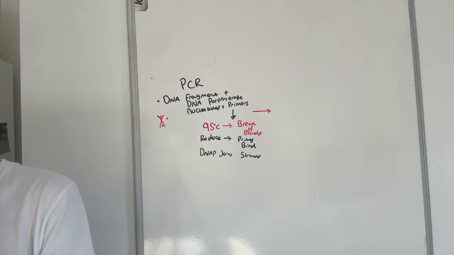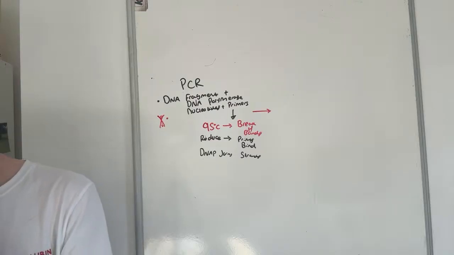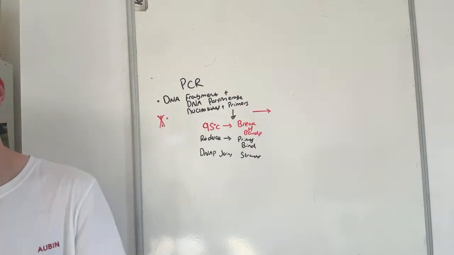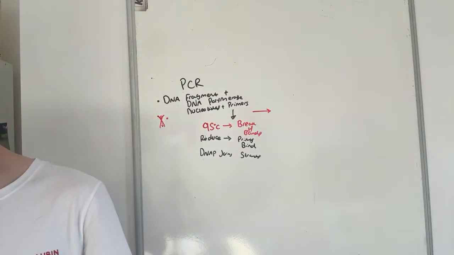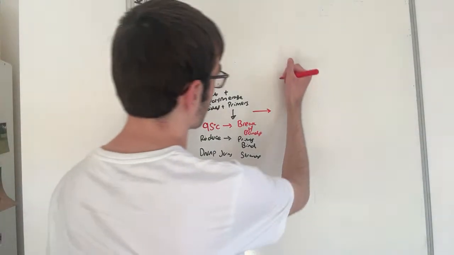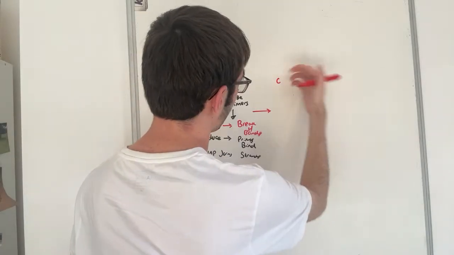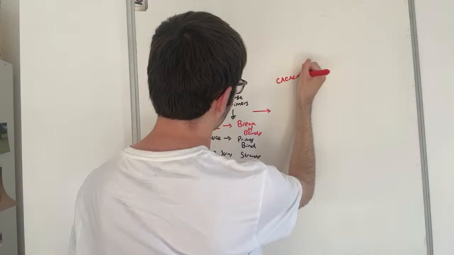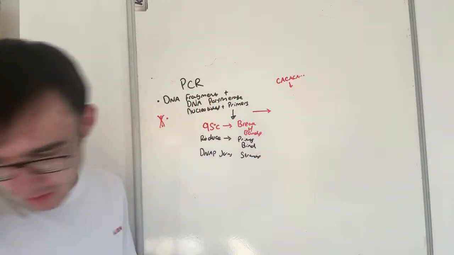I hate this one so much. This one is mainly due to the gimmick of the variable number tandem regions, which are basically obscenely long repeating base sequences.